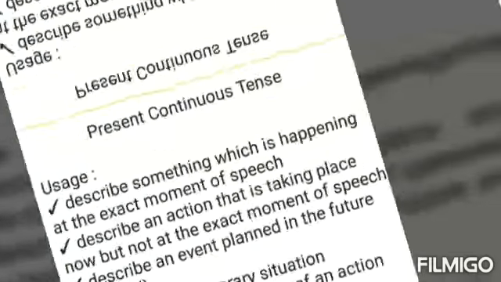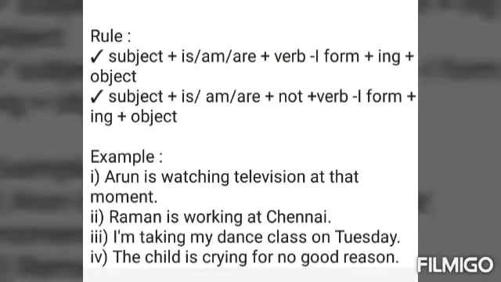The rule for present continuous tense will be subject plus is/am/are plus verb first form plus ing plus object. That will be for your simple sentence. For negative sentence, we'll use subject plus is/am/are plus not plus verb first form plus ing plus object. Here we will add not to make it negative.